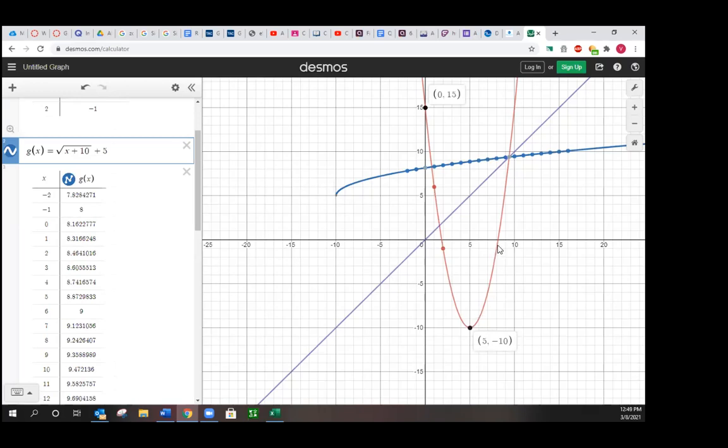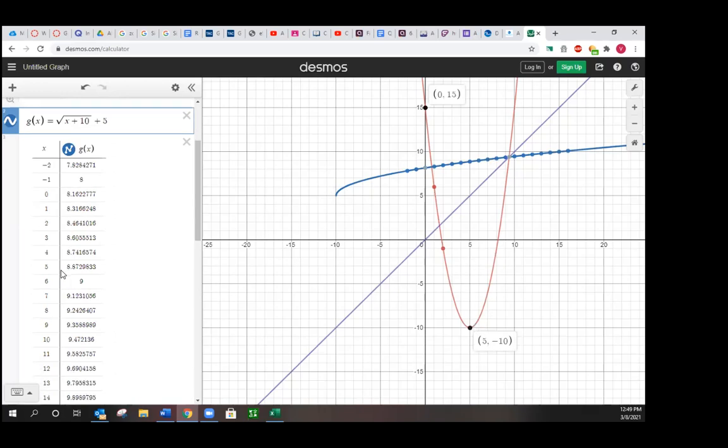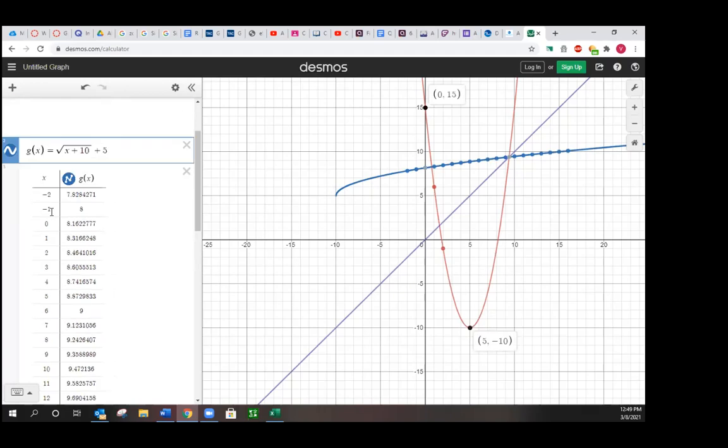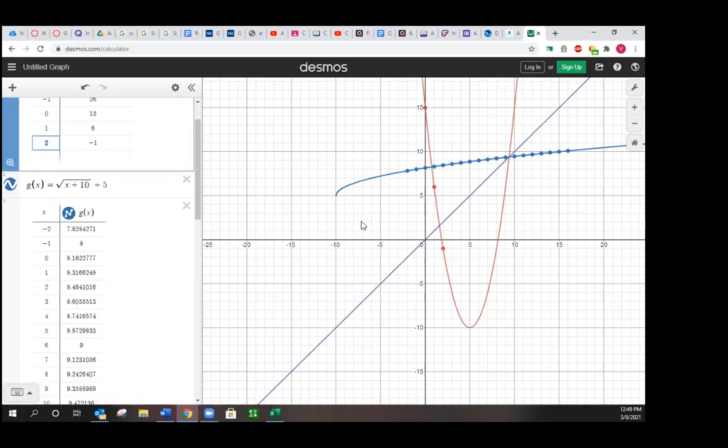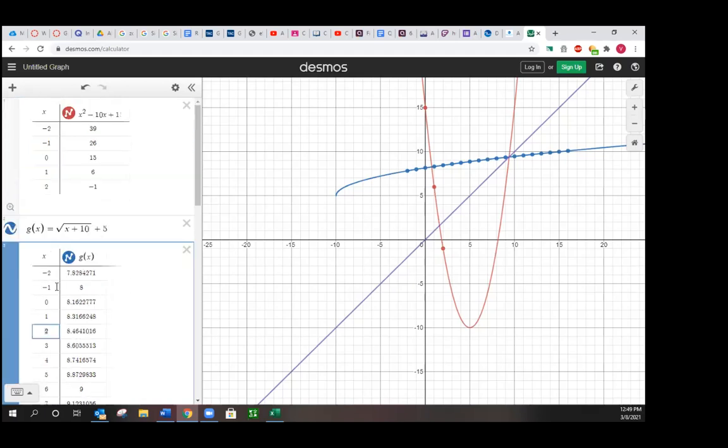So if I keep going on the right side, so anything greater than 5, right? So let's go to the original, which is the red one. So at 2, it's negative 1. That doesn't work because it's below 5. And do you see how it doesn't work here either, right? 2 should be negative 1. So at negative 1, it should be 2, and it doesn't work. So when should it start working? Anything after 5.